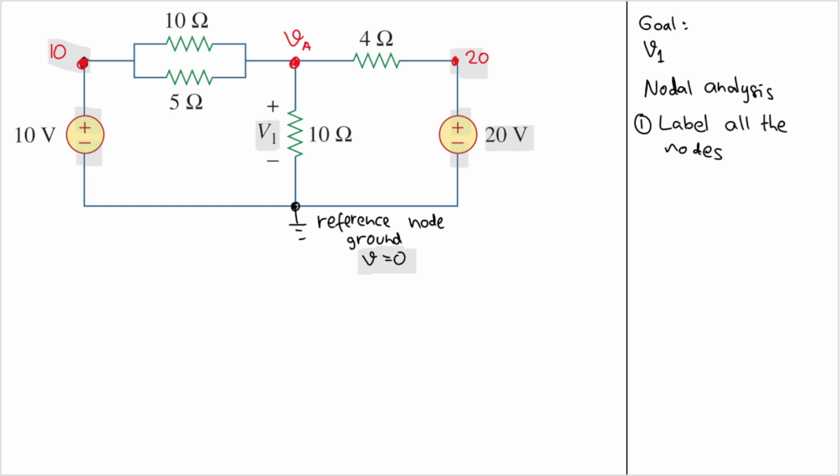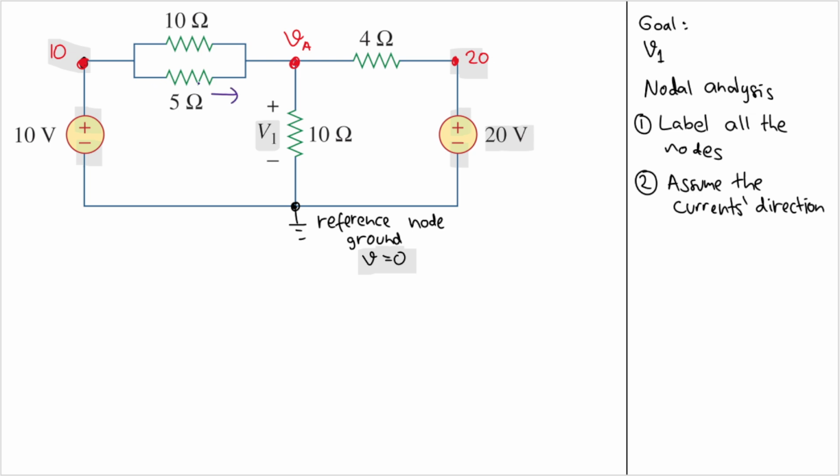And then what can we do next? We assume the current's direction. What I usually do for the horizontal components is just make the current go to the right.